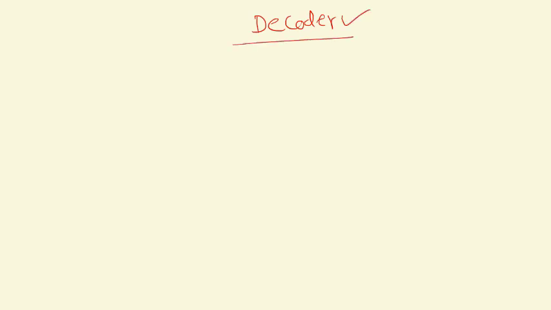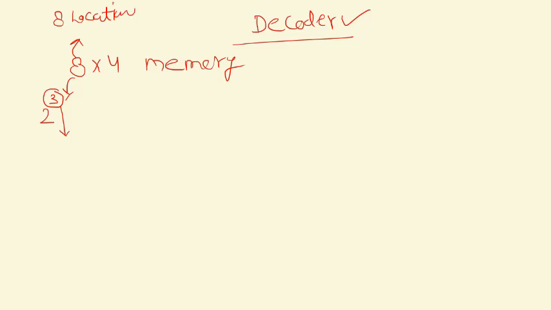Again take that example, an 8 cross 4 memory. It may be RAM or ROM. 8 can be represented as 2 to the power 3. So 3 bits are required to address the 8 memory locations.